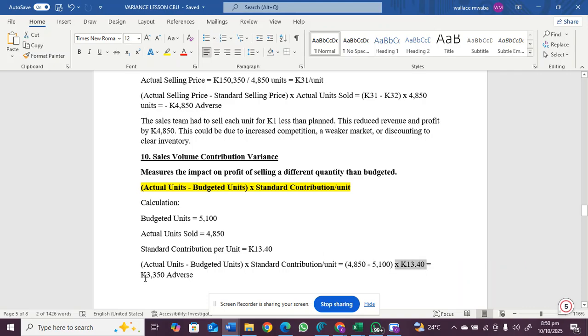You get negative 3,350, which is also adverse. We did badly. We expected to produce 5,100 units, but we only produced 4,850, so even our contribution is going to be low. Any questions?